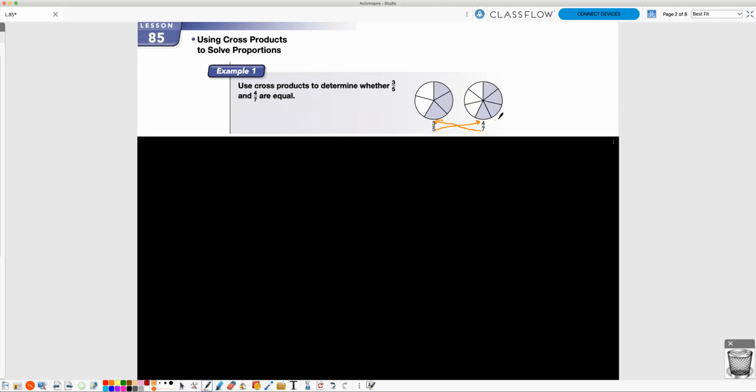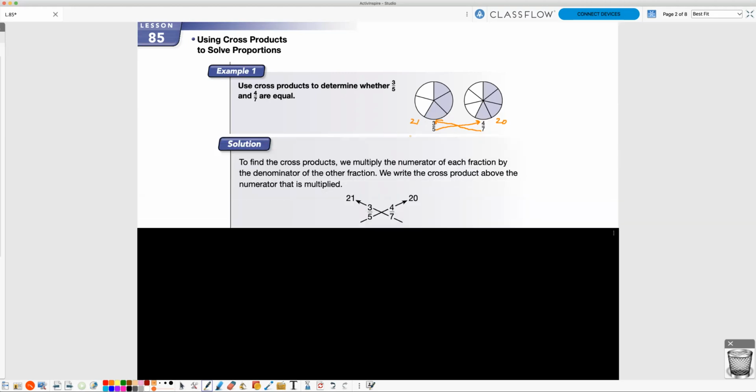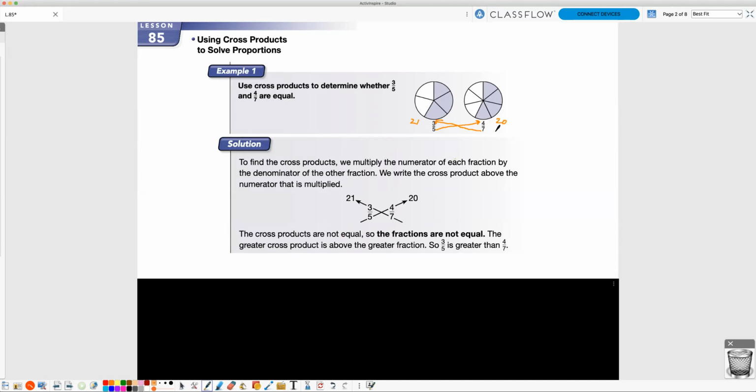So 5 times 4 equals 20, and 7 times 3 equals 21. Therefore, these two fractions are not equal. Because this one is 20 and this one is 21, the cross products being not equal means 3/5 is not equal to 4/7. They're not the same.